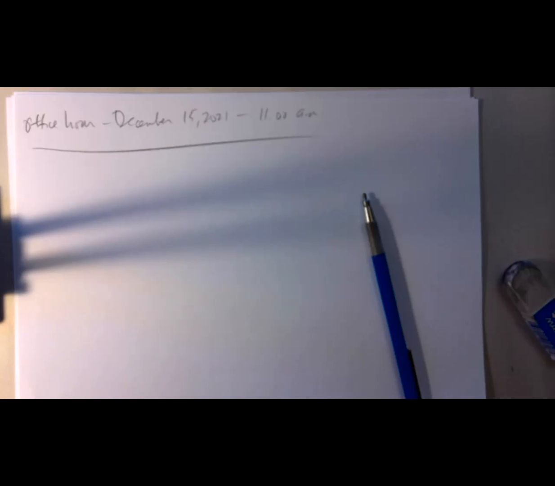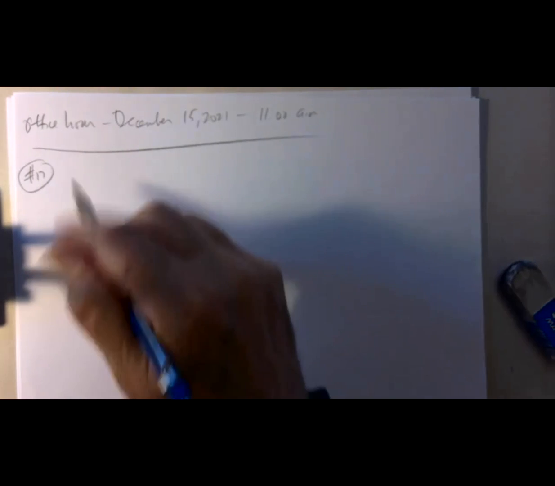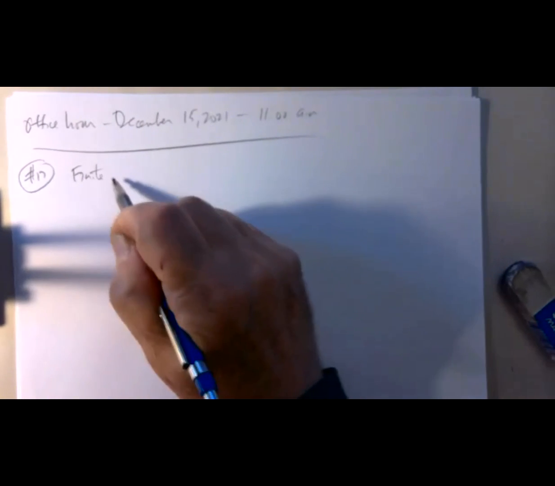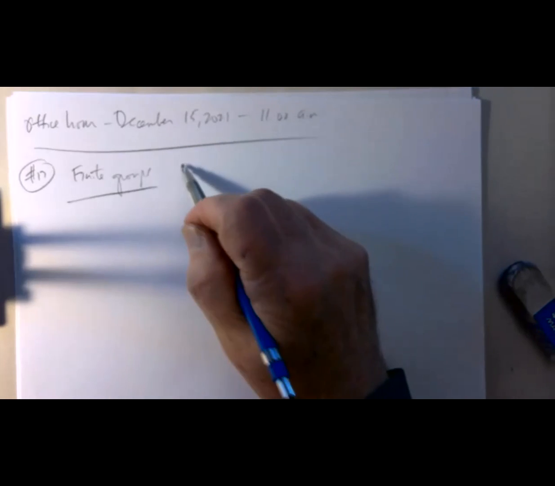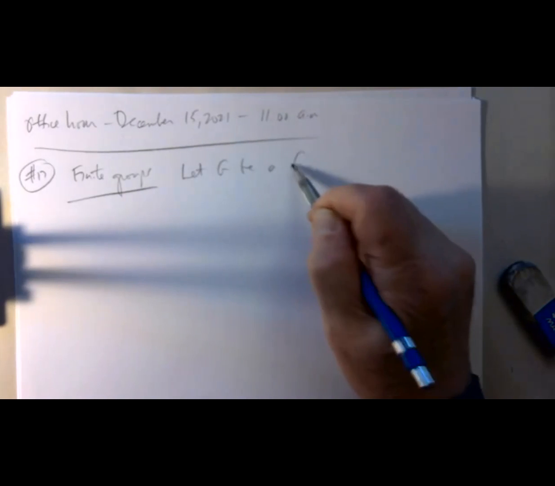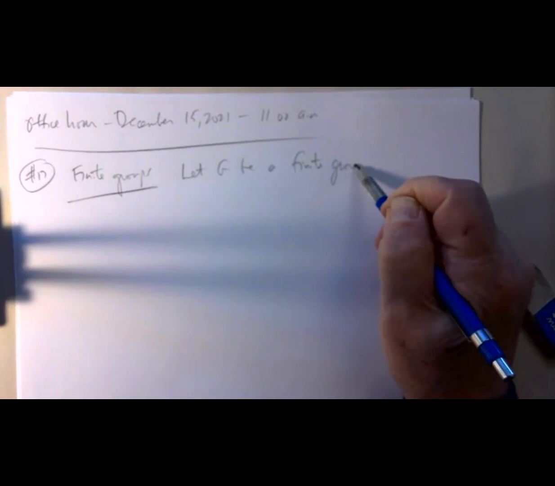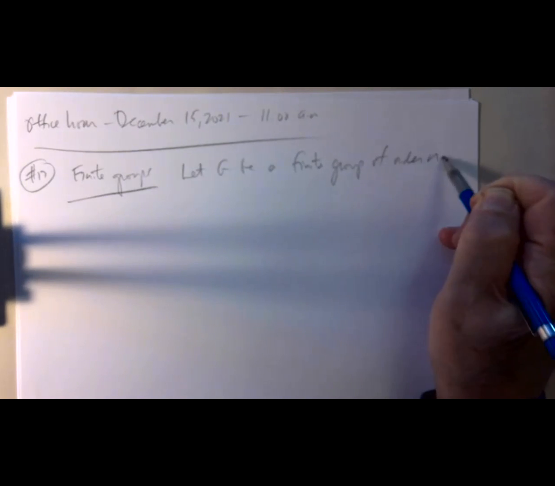Okay, number 17. So we're talking about finite groups. And we want to prove, so let G be a finite group of order n.